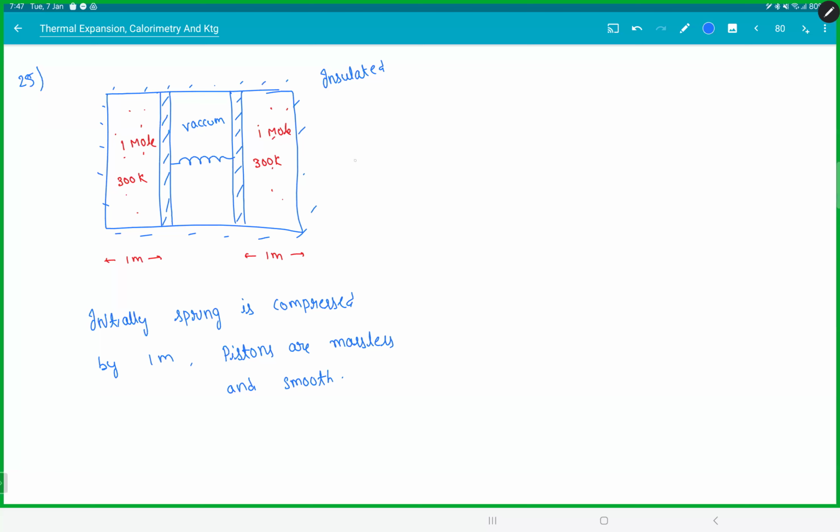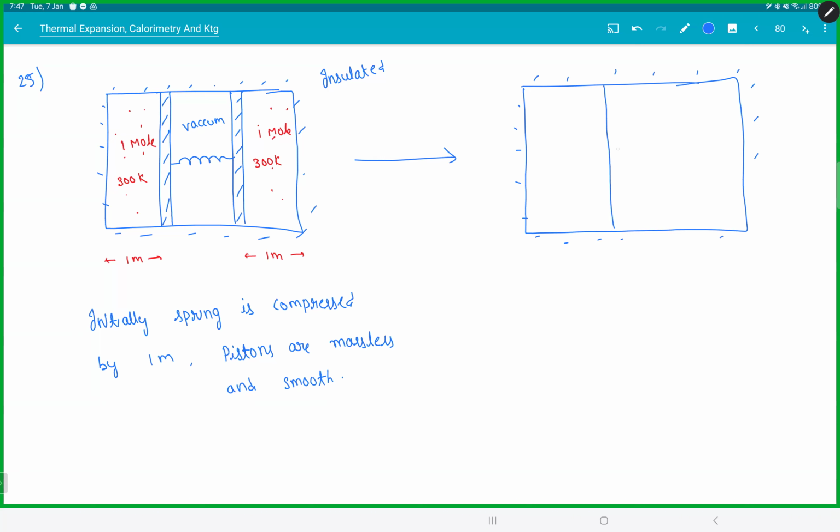Now what you did, you changed the temperature on both the sides. On the left-hand side, temperature became T1, which is 400 Kelvin.